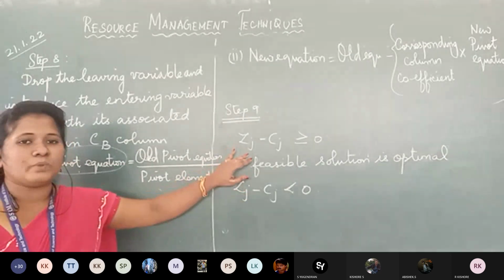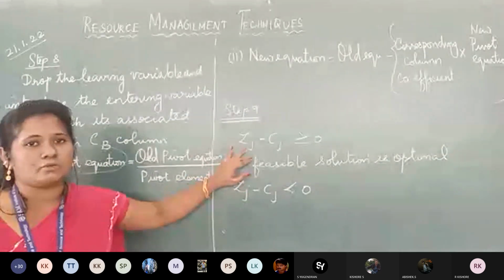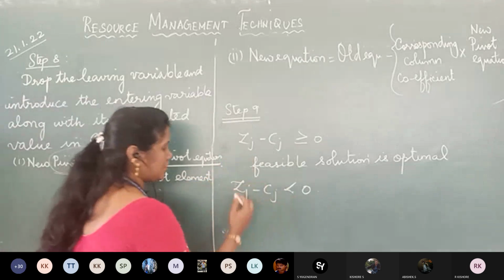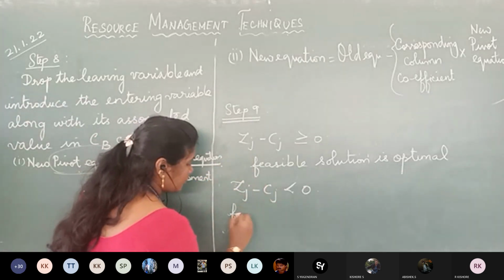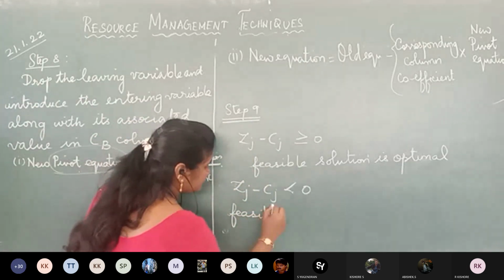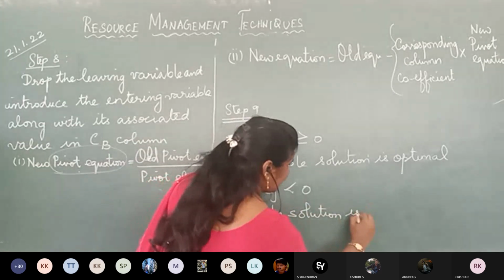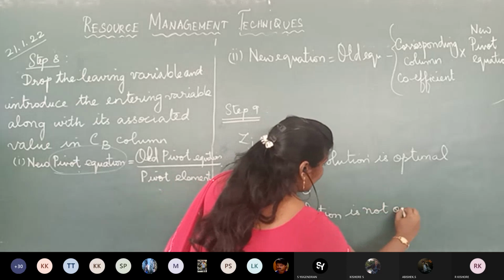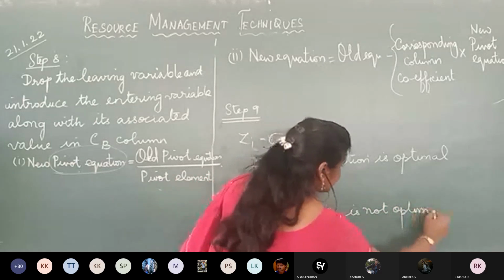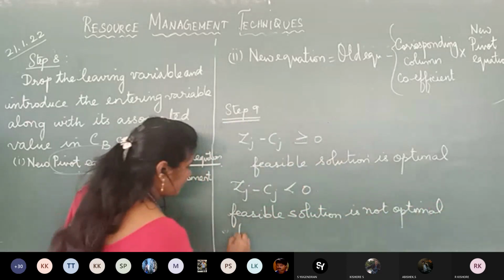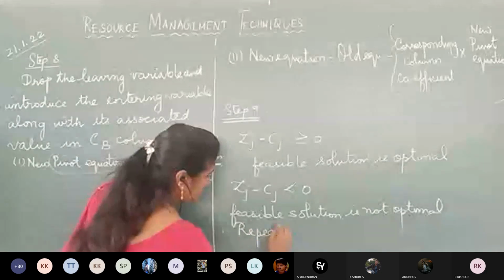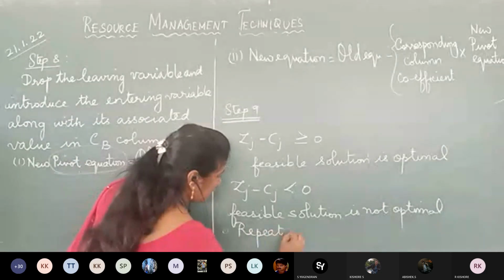And again, you have to check whether your Zj minus Cj is greater than or equal to 0. If it is less than 0, your feasible solution is not optimal, and again you'll have to repeat the procedure from step 6.